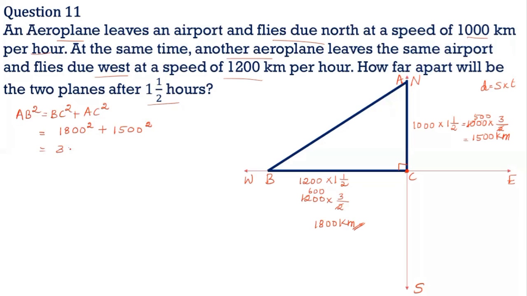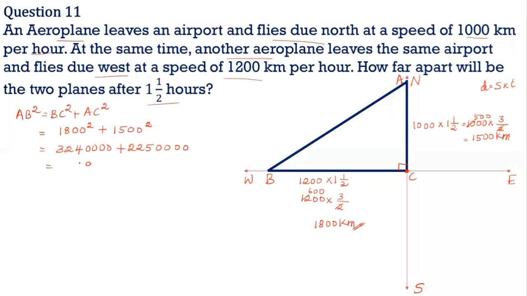1500 square. 18 square is 324, 2 zeros at the end. So if you square it, it becomes 4 zeros, double. 15 square is 225, 2 zeros at the end, that becomes 4 zeros.